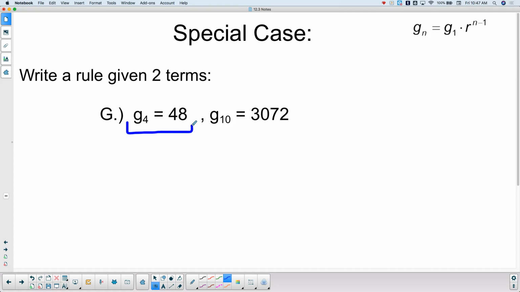Walk me through it. What's my first equation? Because it's 4 minus 1. Love it.